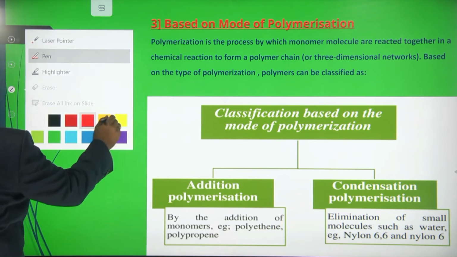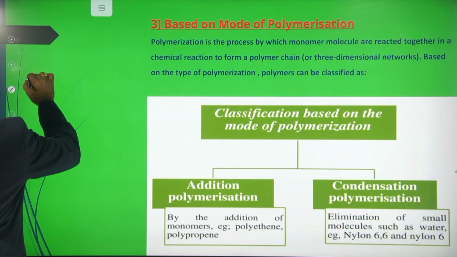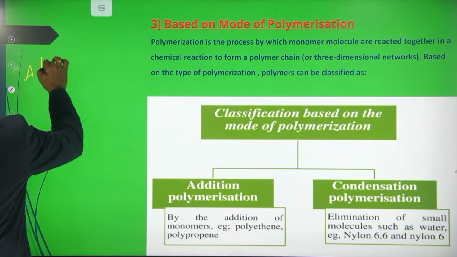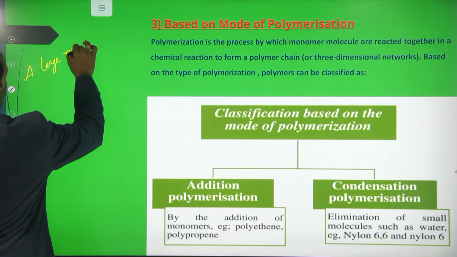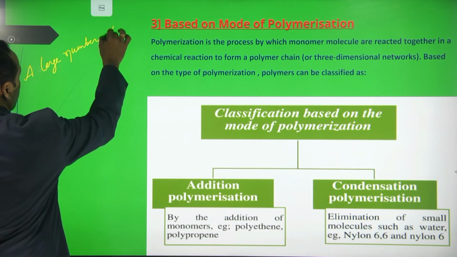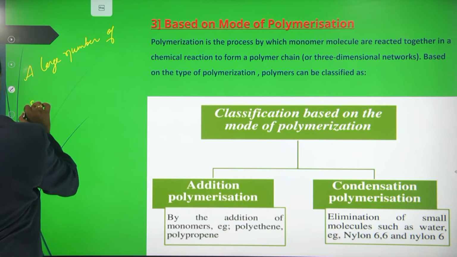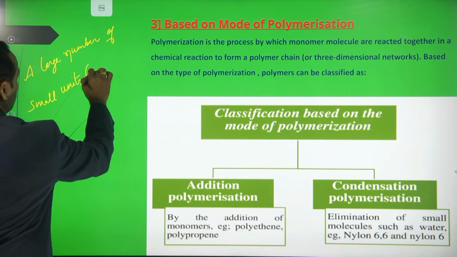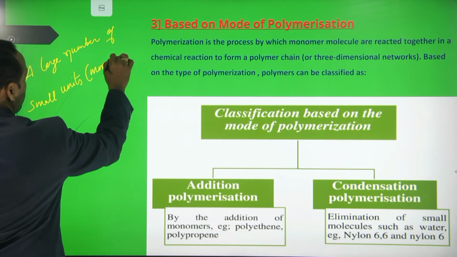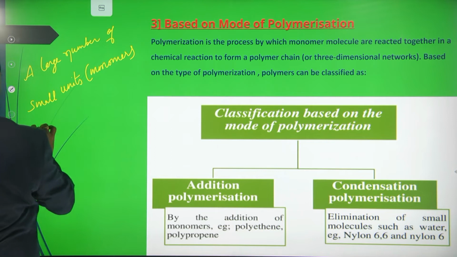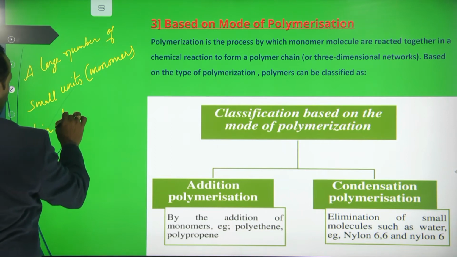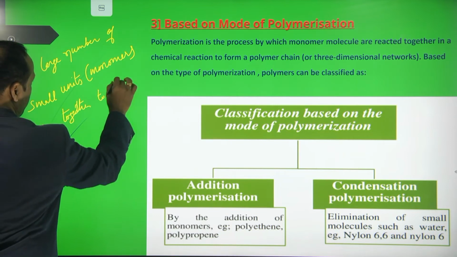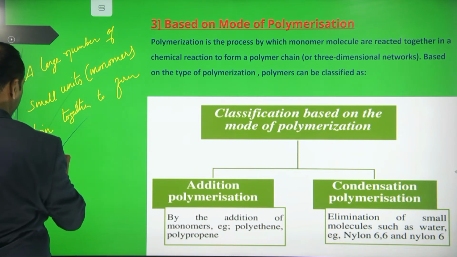Polymerization can be defined as a large number of small units, small units meaning monomers, join together to form a giant molecule.